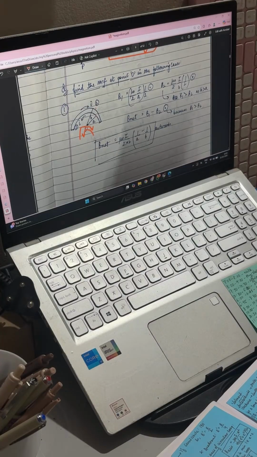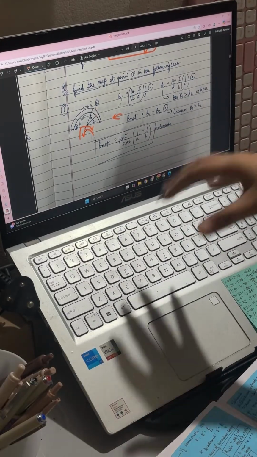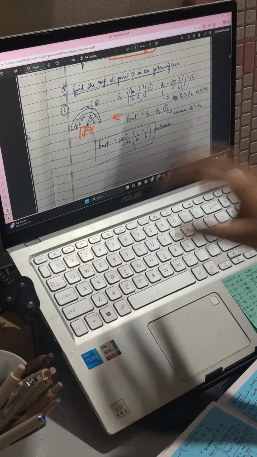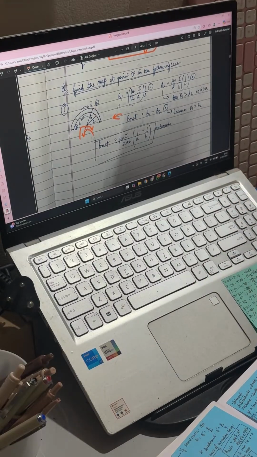So when A is moving this side, the current here will be inwards, and this will be a dot. And for the opposite one, B, the direction will be opposite, outwards.